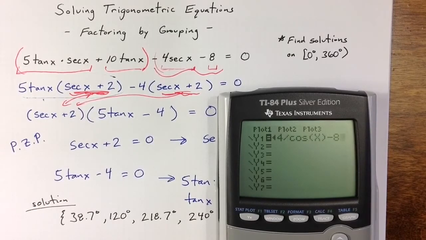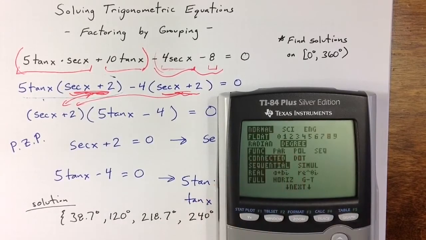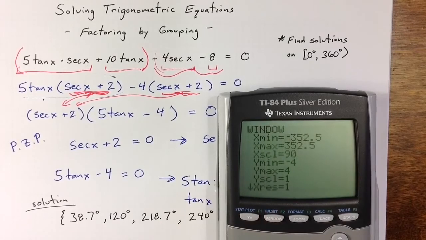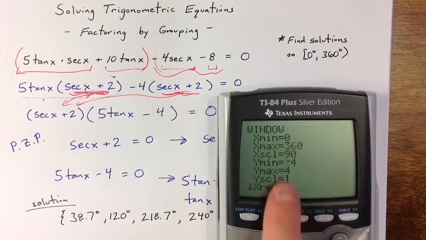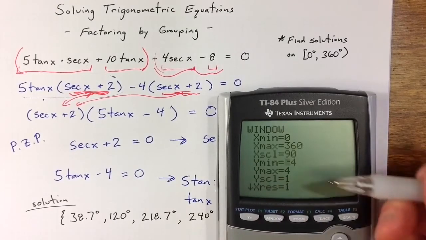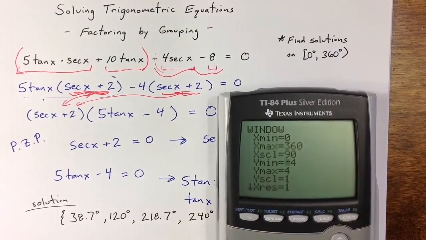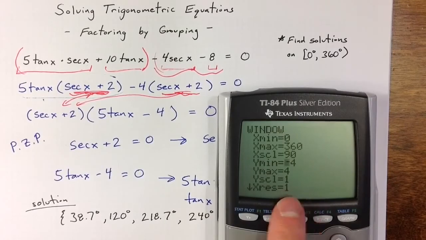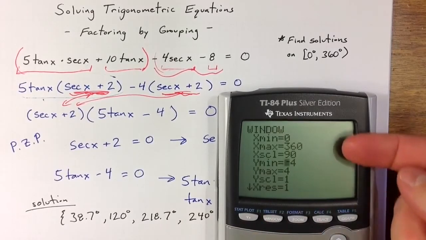And we're looking for solutions between 0 and 360. I have the calculator in degree mode. So if I go to the window, let me adjust the window so I go from 0 to 360. And then we can count by 90 degrees, and negative 4 to 4 is a pretty good range for the y values. We could use the Trig zoom option to set up the window, but it is kind of nice to just choose the values directly.